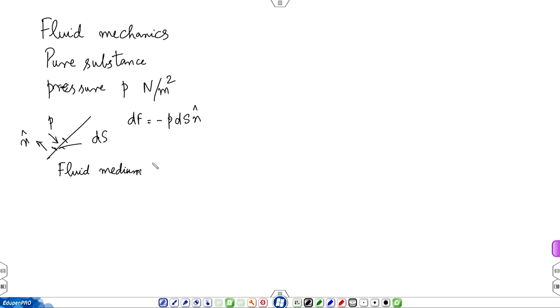So, matter, broadly speaking, is composed of solids, liquids and gases. Liquids and gases together are termed fluids.